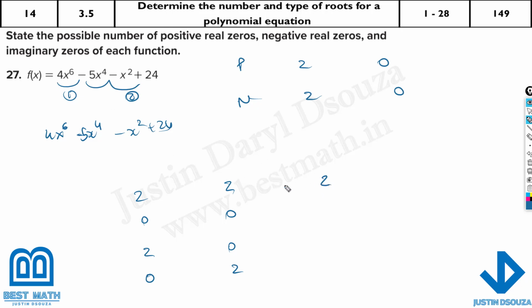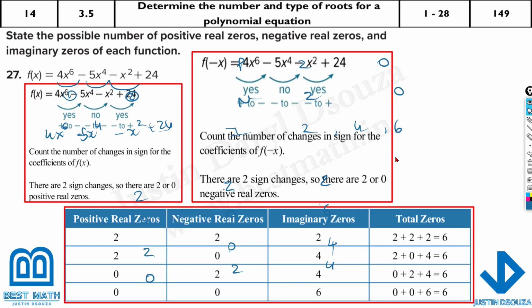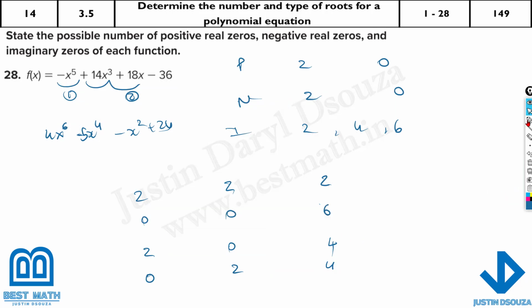So that is 2 here, no matter what. Now if both are 0 and 0, then 6 here. If one is 2, then one is 0, then you have 4, and over here also 4. So the imaginary roots, there's no 0, but 2, 4, and 6 are the imaginary possibilities. So here we go. It is 0, 2, 0, 2 for both positive and negative. So 2, 4, 6 is for the imaginary roots.